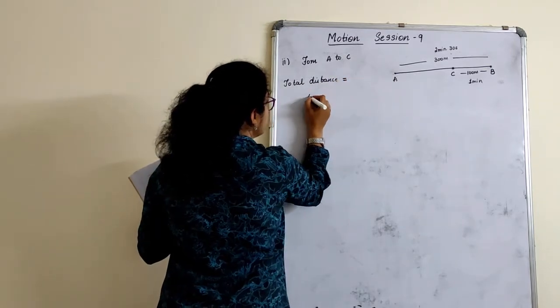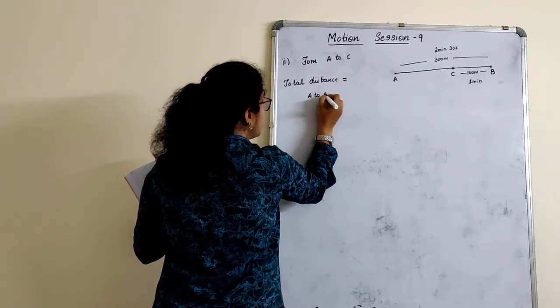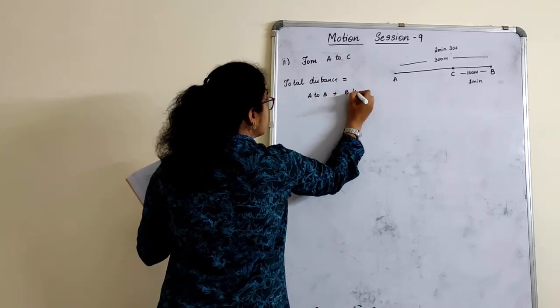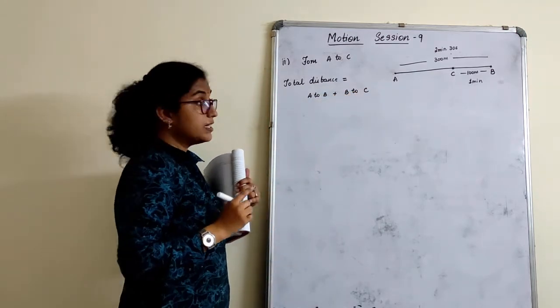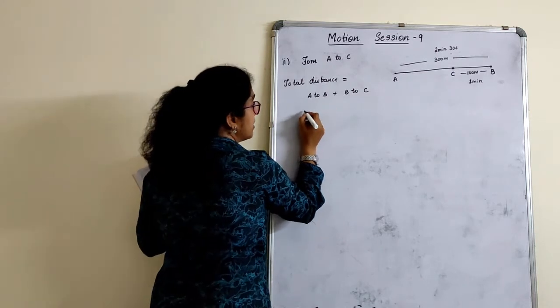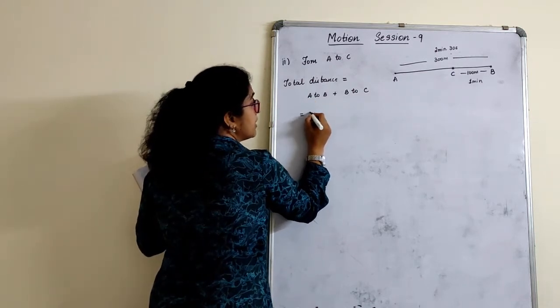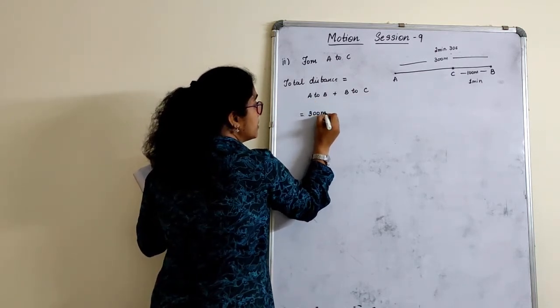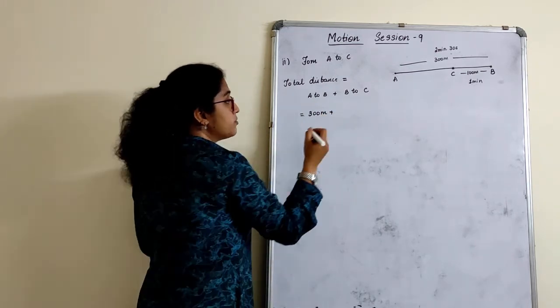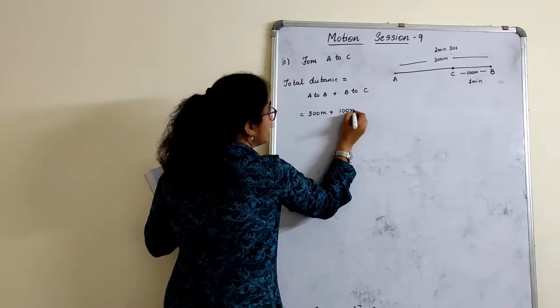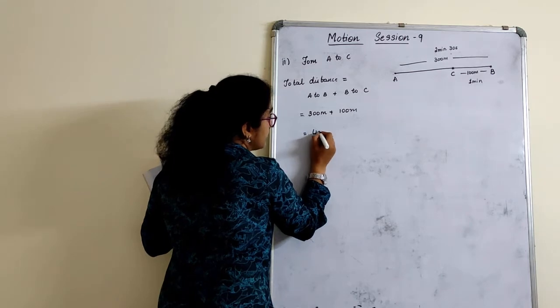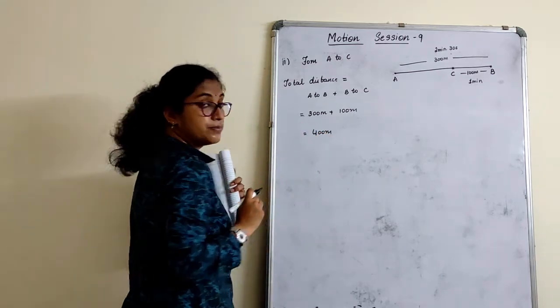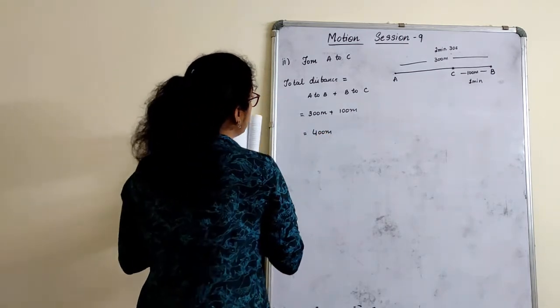So total distance is equal to A to B plus B to C. It first travels A to B, that is 300 meter. Then the body travels from B to C, which is 100 meter. So total distance here is 400 meter. Okay, distance I am talking about.